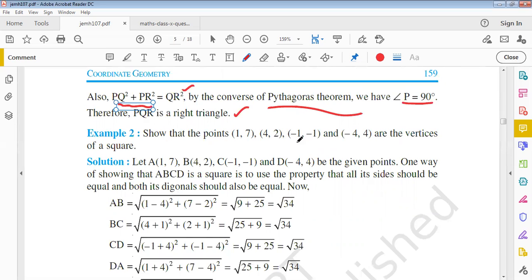Now, next point: show that the points are the vertices of a square. Let us mark all these points A, B, C, D. Now try to find the lengths AB, BC, CD, DA.